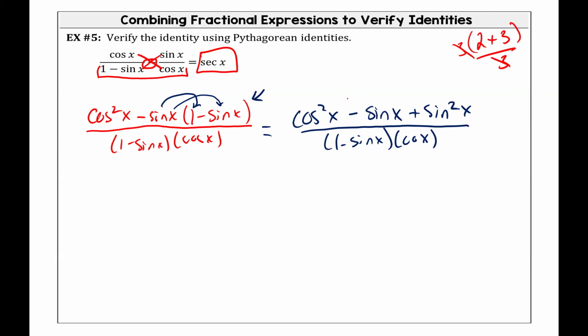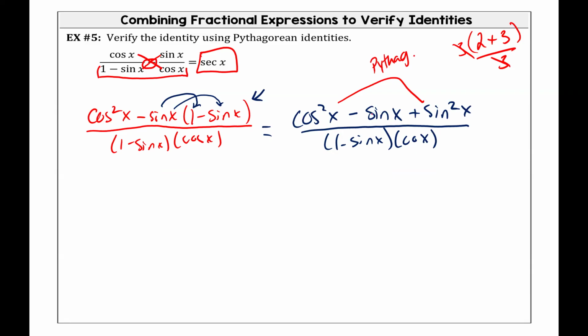However, I have cosine squared x plus sine squared x. Even though they're not next to each other, do I have that? Yes. Just because in addition problems the terms are not next to each other doesn't mean they cannot be combined.